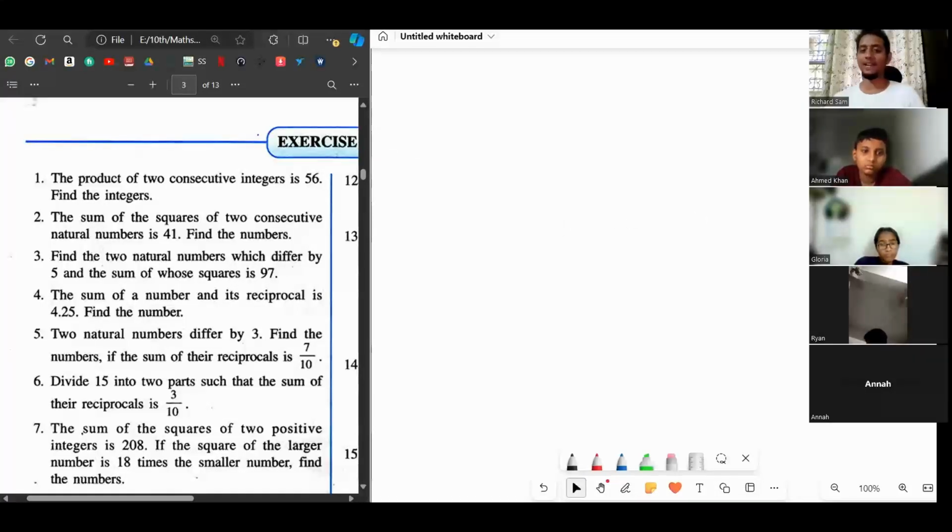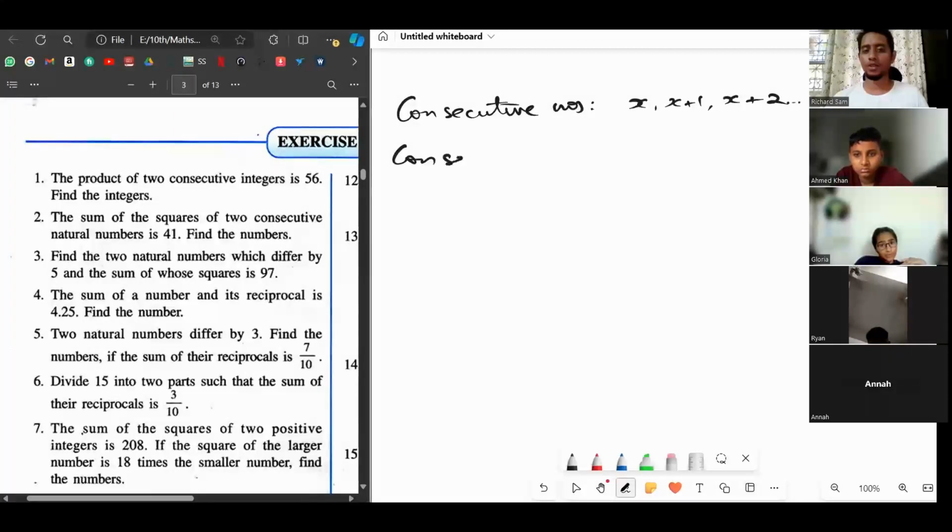Before we go ahead, how do you represent consecutive even numbers? Give me some examples of consecutive even numbers first. 2, 4; 4, 6, 8; 6 and 8; 26 and 28.